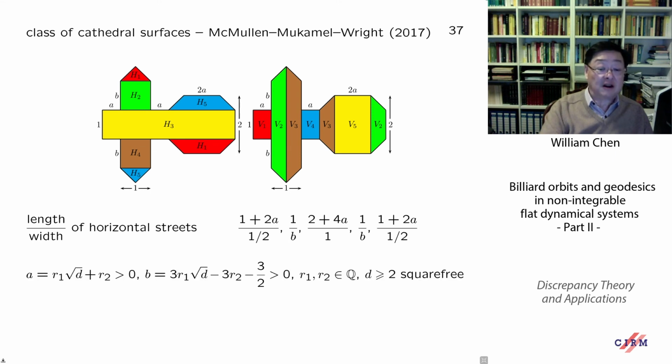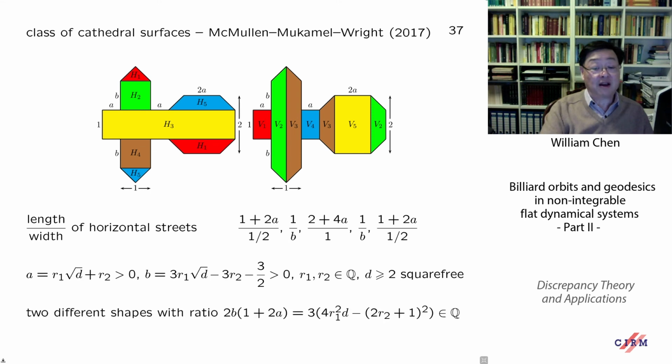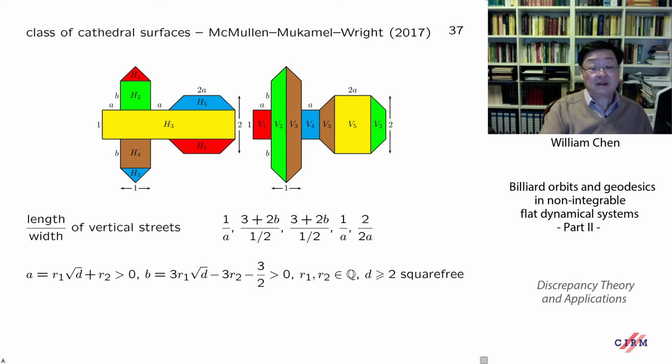And they found that if we take A and B in terms of two rational numbers R1 and R2 and a square free integer d in the way that is given, then all these ratios are rational multiples of each other. And the same goes for all the vertical streets. They're rational multiples of each other.